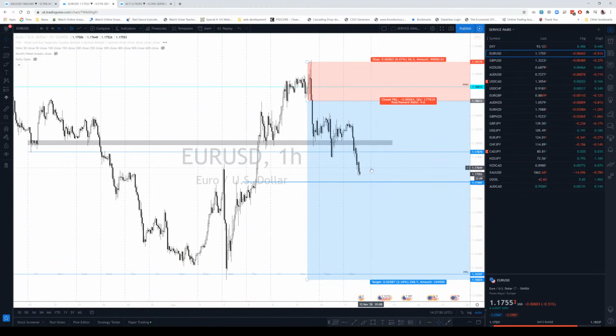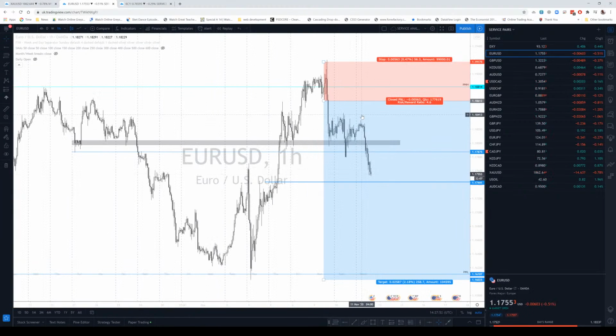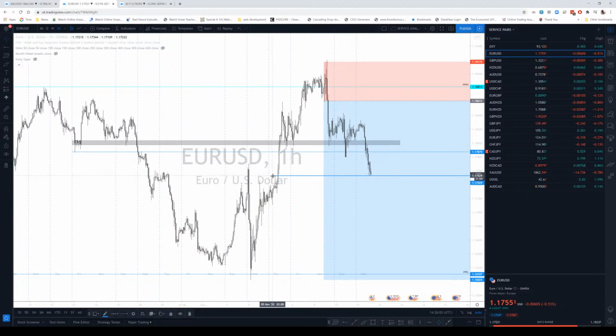And in reverse, I'm looking for a complete meltdown on euro. I'm looking for a complete reversal. So if you look at euro, it's the same thing. It's just the reverse of what the dollar is doing.